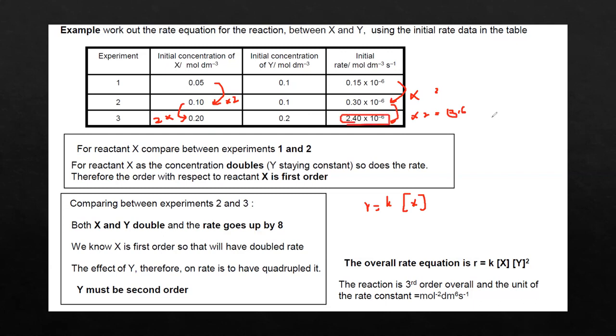So if 0.6 becomes 2.4, it means it increases by 4. So doubling the concentration of Y increases the rate by 4. So it shows that it is second order with respect to Y. So this is the final rate expression or rate equation. Is it clear? This example, identifying the rate equation from the change in concentration.